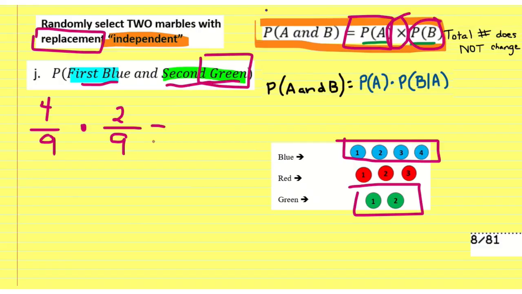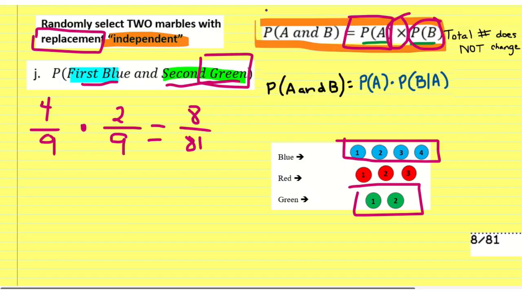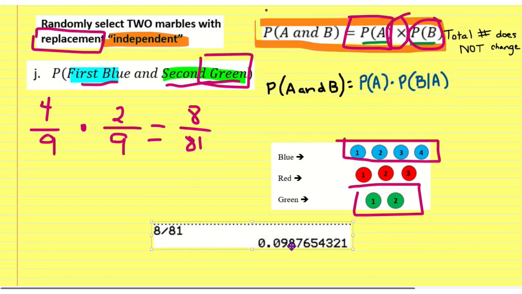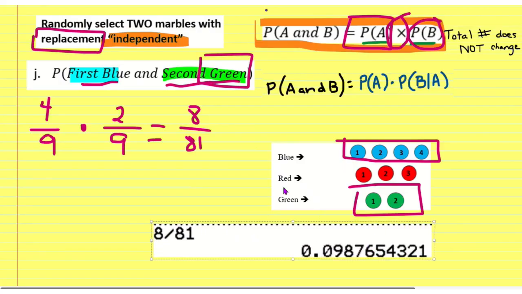I'm going to multiply those two probabilities. 4 times 2 is 8 in the numerator. 9 times 9 in the denominator is 81. And if I want to go ahead and divide that out, then I can actually get a decimal percentage. And it kind of makes more sense to our brain sometimes when we do that.